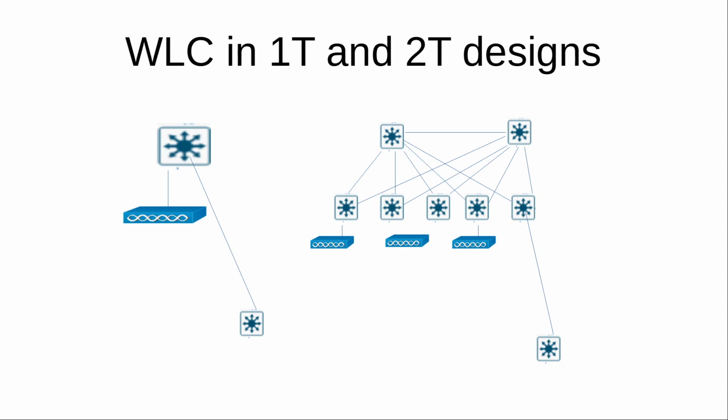We have so far shown a 3-tier design, but you could design for 1-tier and 2-tier networks depending on the size of your network. If you really have a small site, you can use a 1-tier design that is known as fabric in a box.